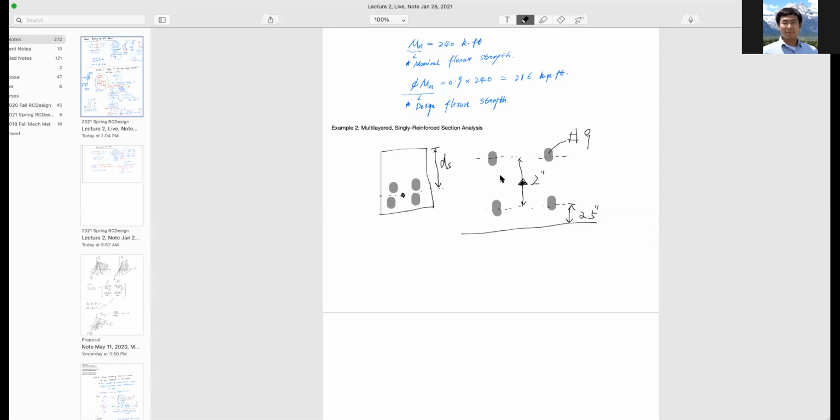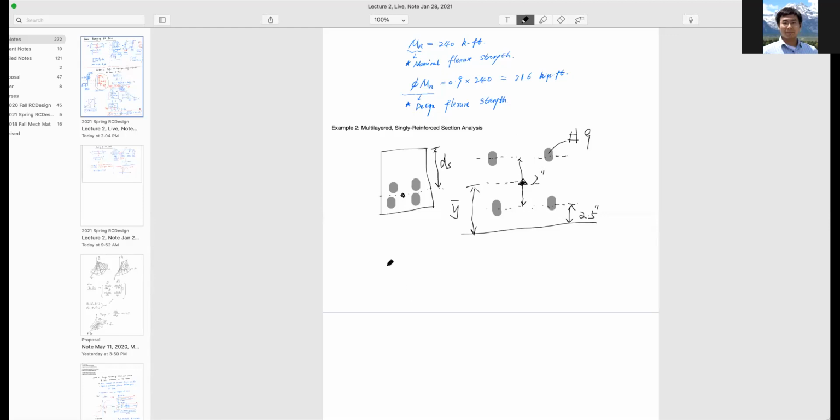So now with this, how to find the centroid of this, right? Assume this distance here from the centroid of the bars to the bottom of the bars is y bar. And how do we find that distance?